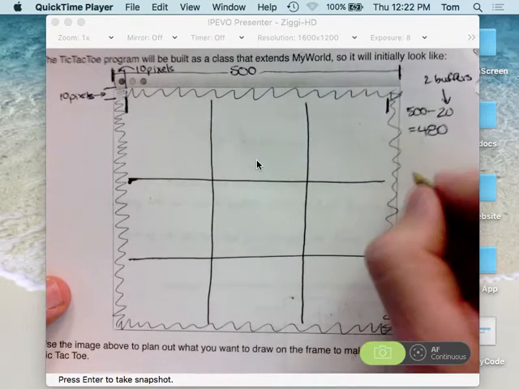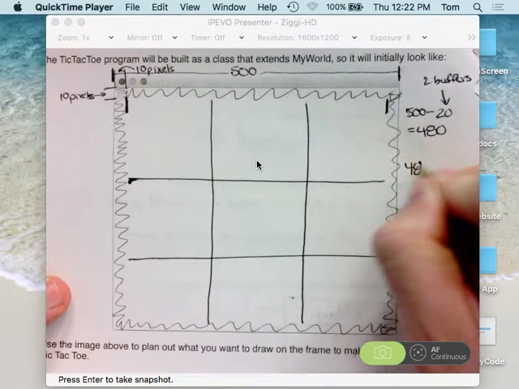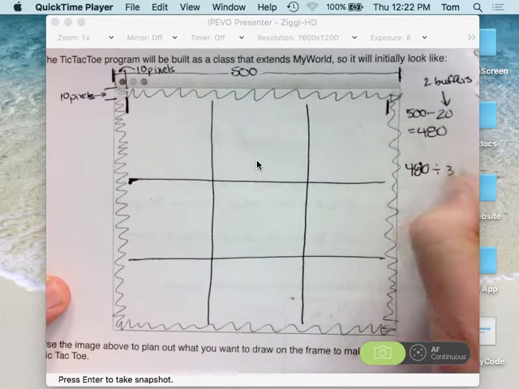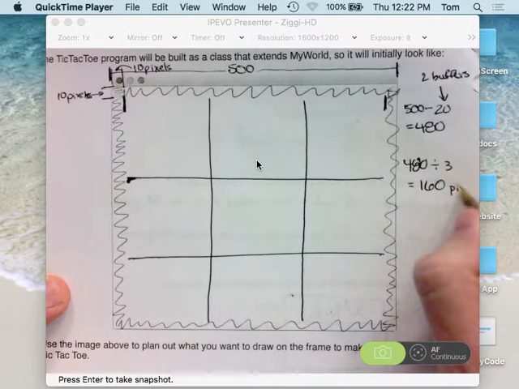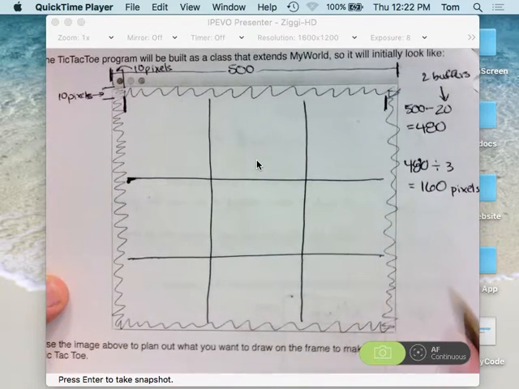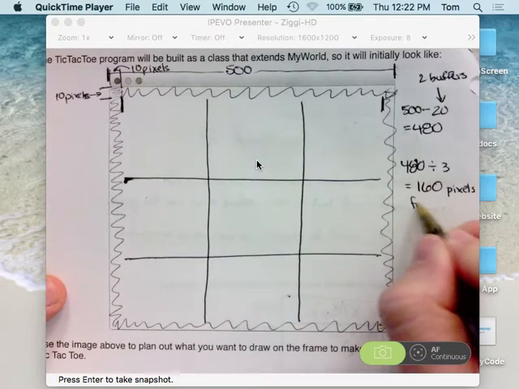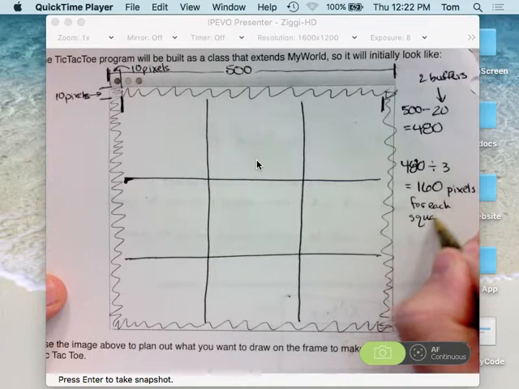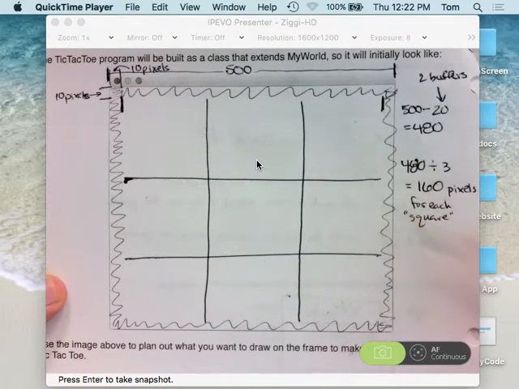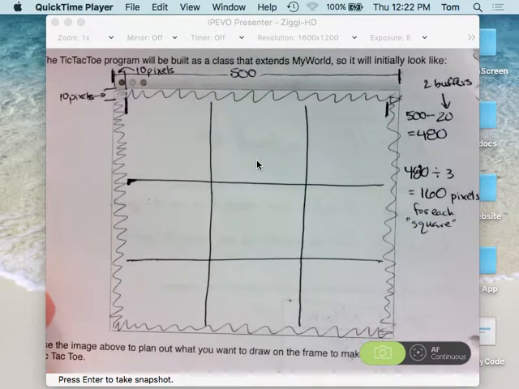Into 3 parts. So 480 divided by 3 gives me 160 pixels for each square, or each space that we have.